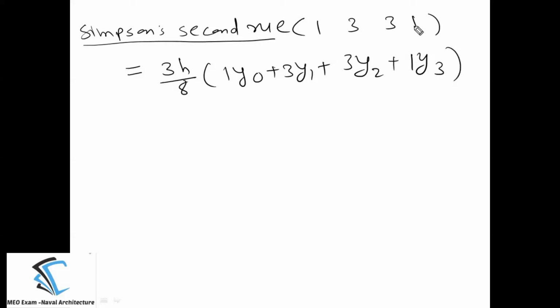So minimum you should have 4 ordinates. Suppose now if you have more than 4 ordinates, how to proceed for that?